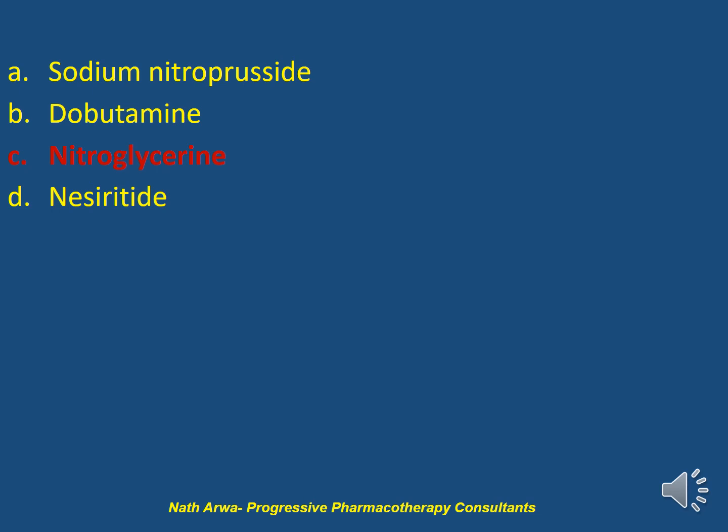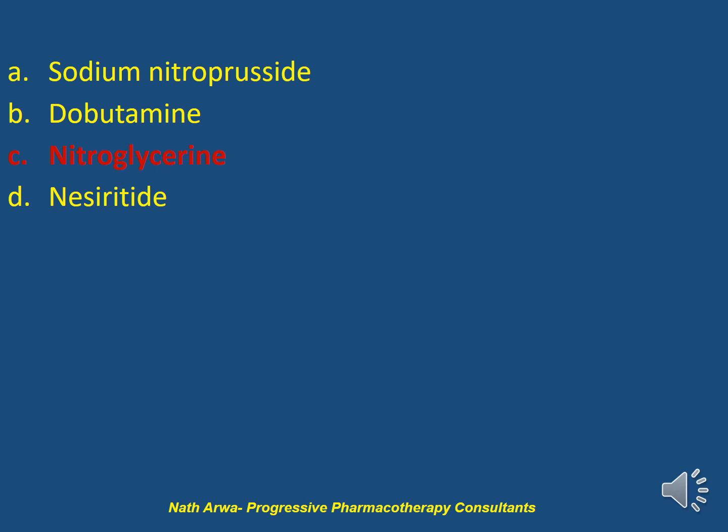Now, nesiritide has a longer half-life compared to nitroglycerin and sodium nitroprusside, and it may result in adverse drug reactions when we administer it. There would be greater levels of hypotension. Studies have also indicated that patients may be at risk of worsening renal function and increased mortality when we opt for nesiritide.